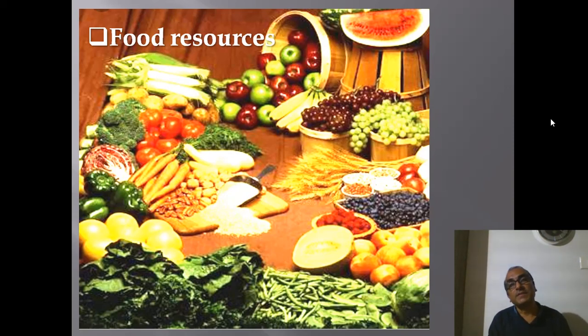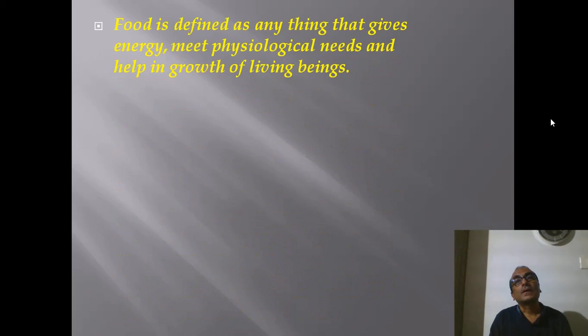And let's take up what is happening with the food resource. Let's define food. We can define it as anything which gives us the energy and material to grow, increase our height and weight, survive, and carry out all the physiological processes taking place in our body.